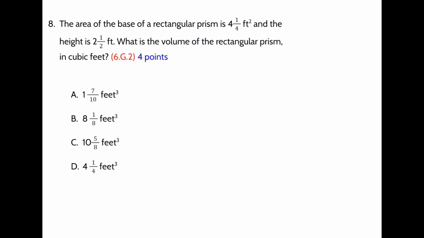Number 8, the area of the base of a rectangular prism is 4 1/2 feet squared, and the height is 2.5 feet. What is the volume of the rectangular prism in cubic feet?